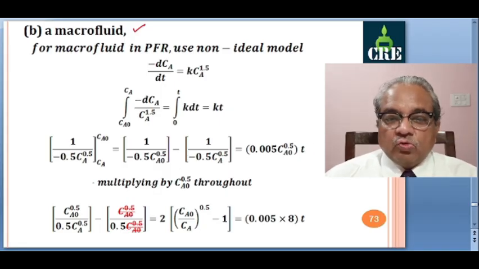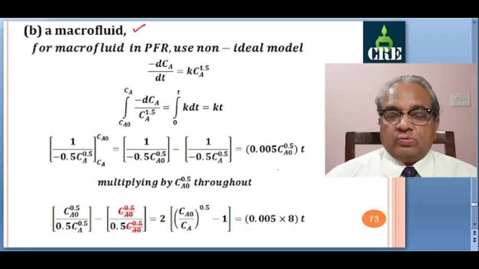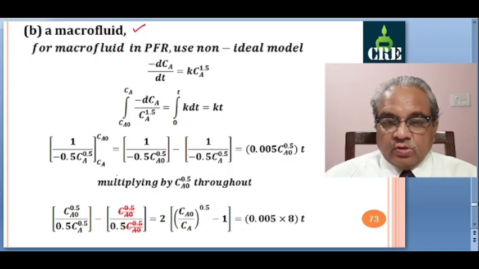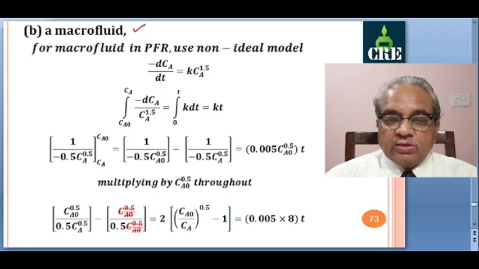We first multiply by Ca0 raised to 0.5 throughout to get our Ca by Ca0 term. For the second term, multiplying by Ca0 raised to 0.5 cancels it out.